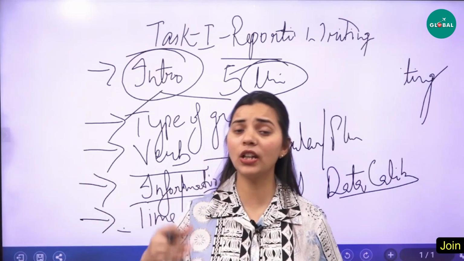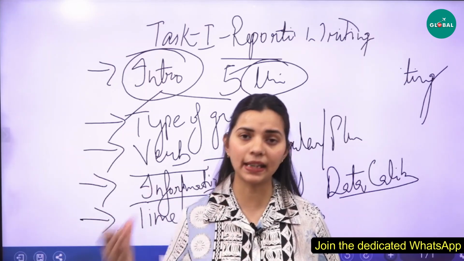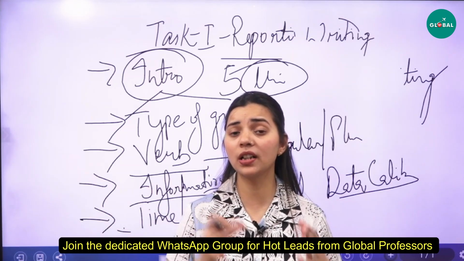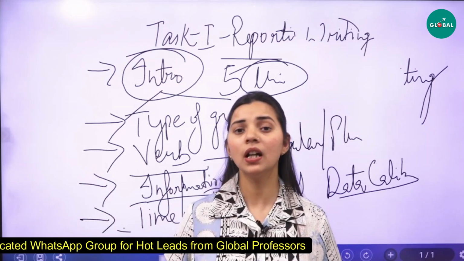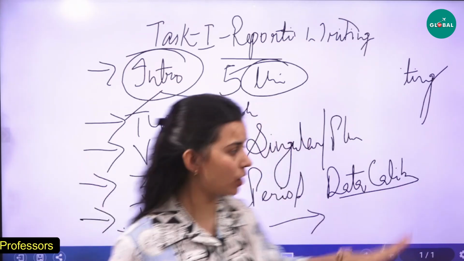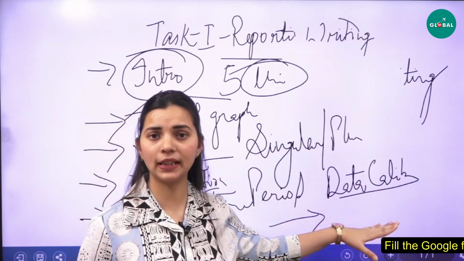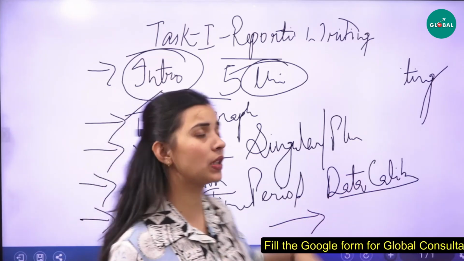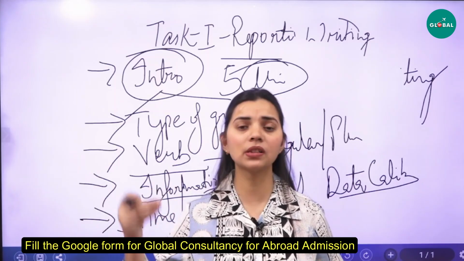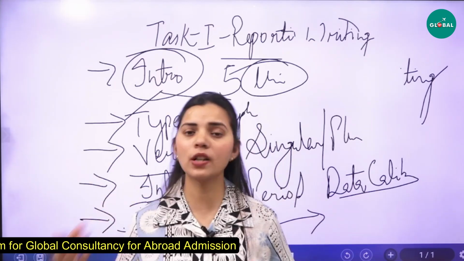But yes, when there will be a picture or a diagram, there will be no such data interpretation, because at that time the data calibration will be the number of steps, number of stages. We will do it later, but for now data calibration is something like that, the SI unit. Your data has been given in which unit? Is it kilograms, grams, percentage, or something like that.